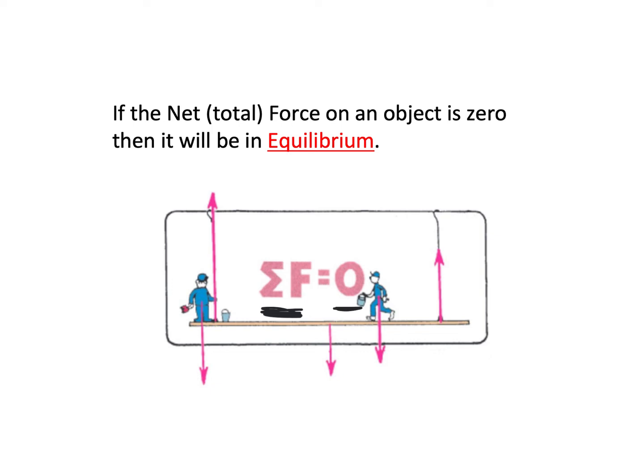And just to throw in a little something extra, this is an example of what's called static equilibrium. Static means stationary. The object's not moving at all. It turns out if this platform were being lowered or raised at a constant speed, the condition for equilibrium would still be true, but we would call that dynamic equilibrium because it's moving.